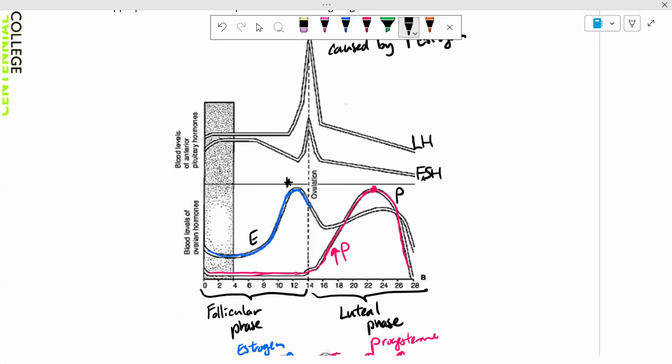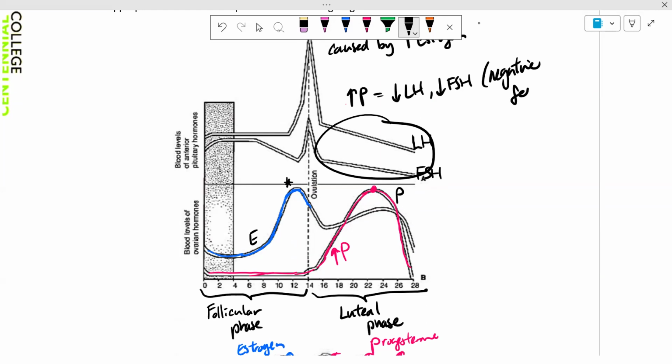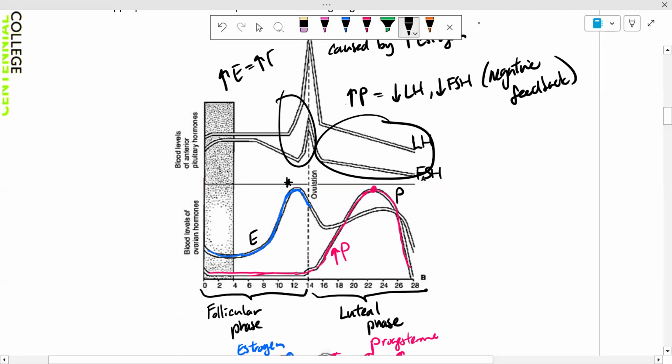It's going to come down. That's right, because increase in progesterone equals decrease in LH and decrease in FSH. You already have an egg in the fallopian tube. We don't need another one. This is negative feedback. Whereas over here, increase in estrogen equals increase in FSH and LH. This is called positive feedback.